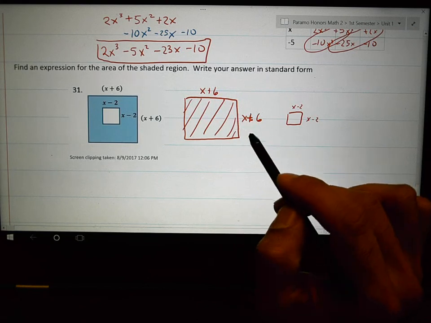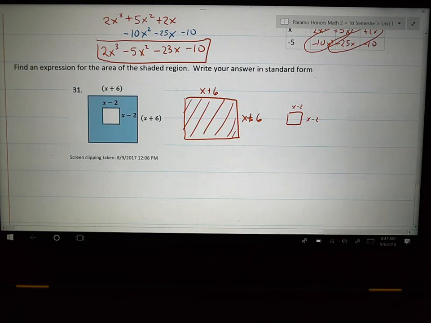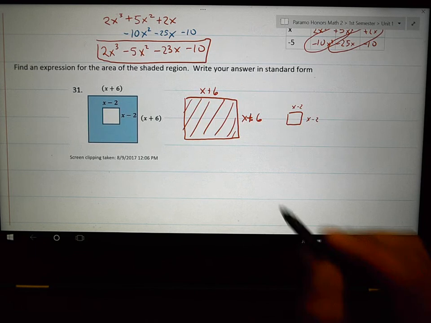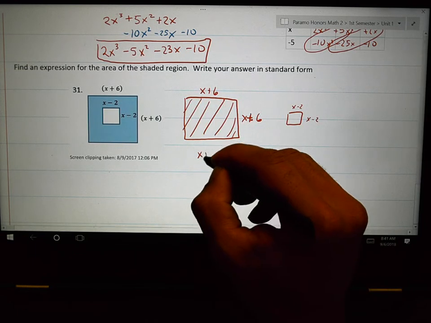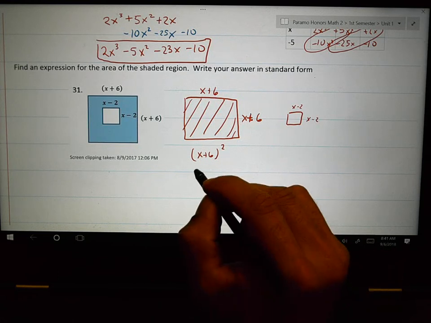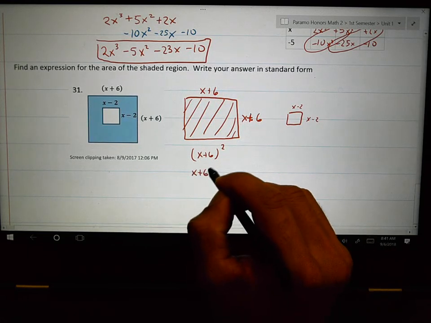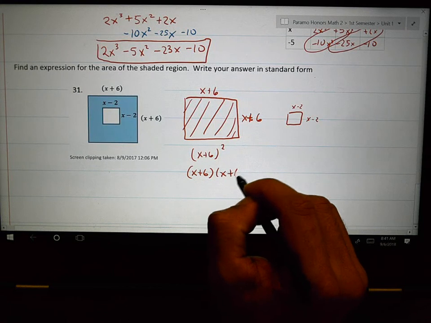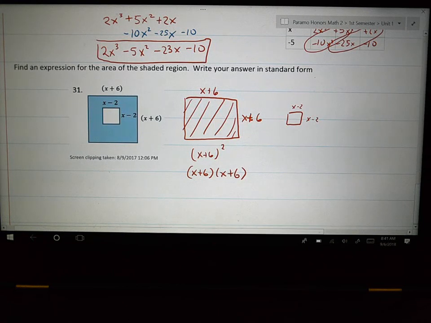And let me show you a common mistake. Yes, this is the same thing as that. But can you see that some people are going to want to distribute that 2, and you're not supposed to distribute that little 2. You're supposed to FOIL x plus 6 times x plus 6, because you can't forget about that 6x and the 6x.